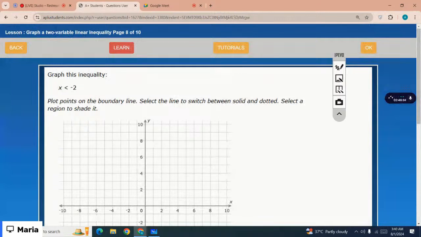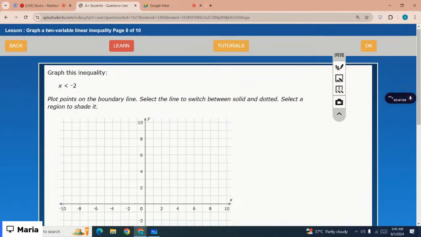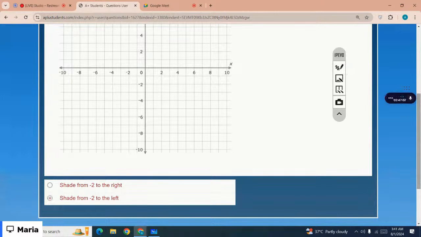Graph the inequality x is less than negative 2. That would be shade from negative 2 to the left because that is less than negative 2, right?